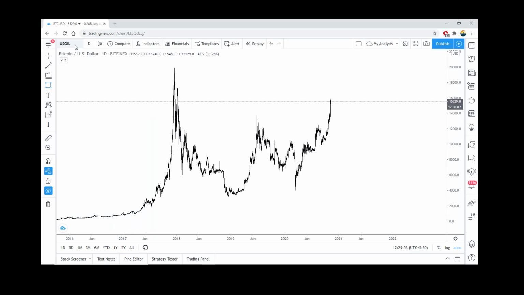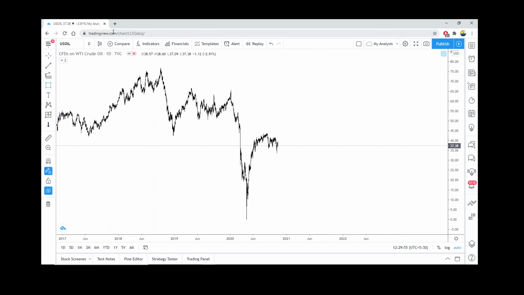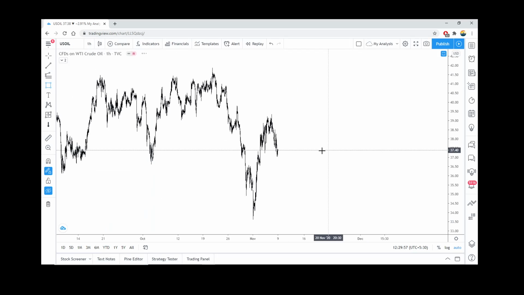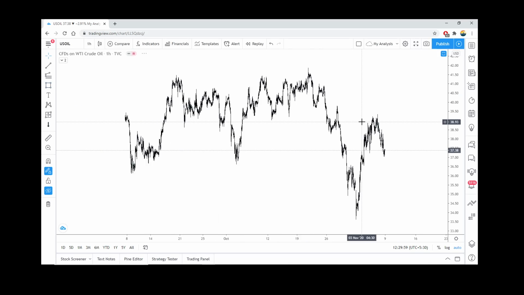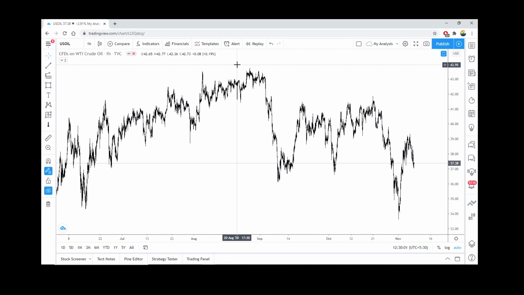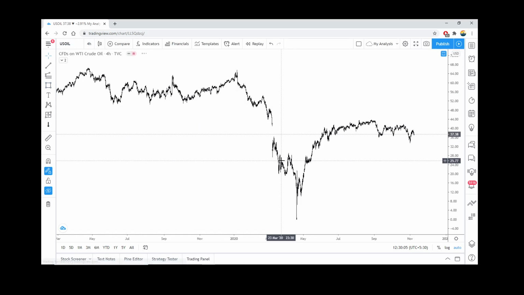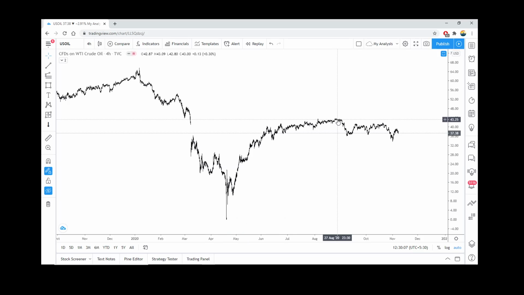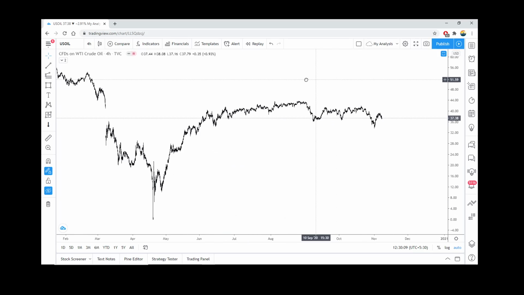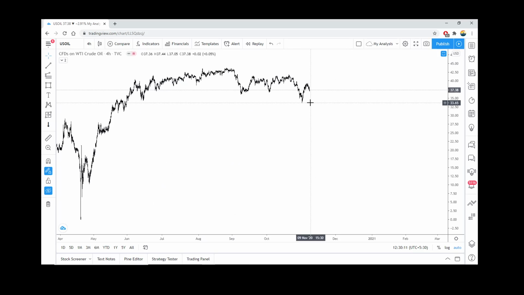US oil. So US oil also, here this is the impulsive wave. The 5-wave structure got ended here, and we did one ABC, it is finished.